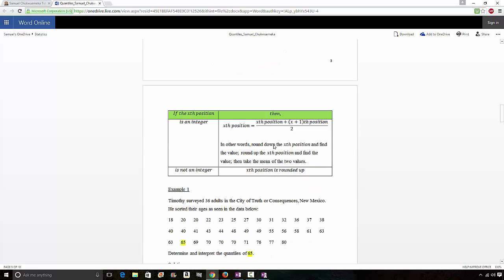You could also say round down the x position, round up the x position, find those two values, and then take the mean, which means add those two values and divide by 2. If the x position is not an integer, then you just round it up. You round up that position and then find the value that corresponds to that position.